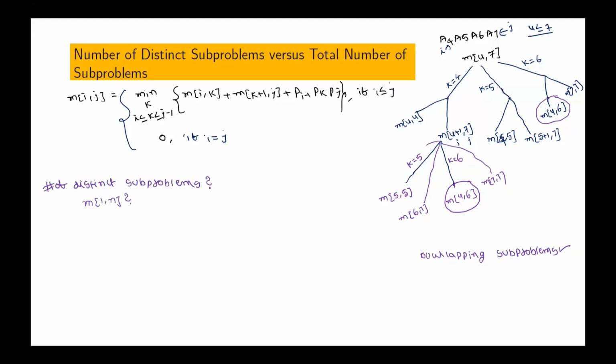In this, how many distinct subproblems are possible? In general, we are calculating M[i,j]. What are the different values i can take? If i equals 1, what values can j take? M[1,1], is it a valid subproblem?